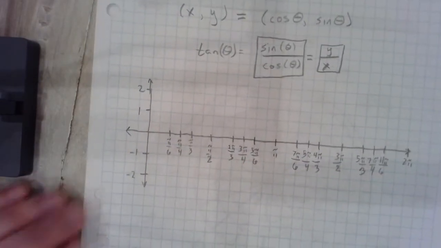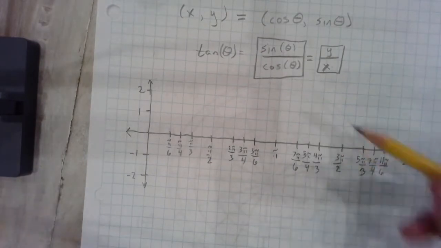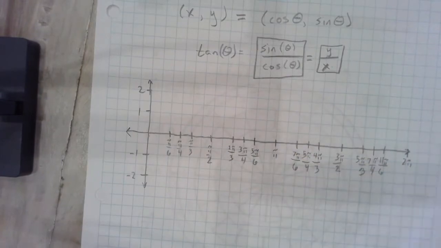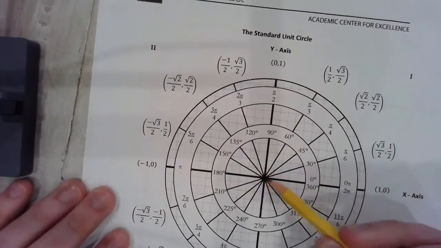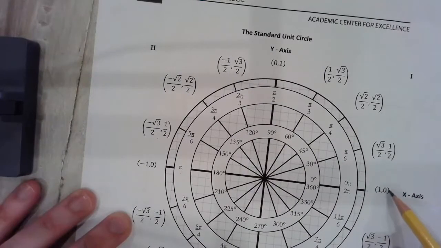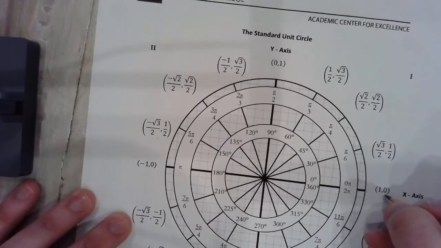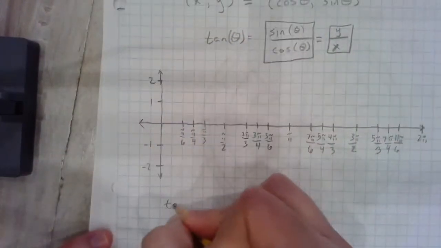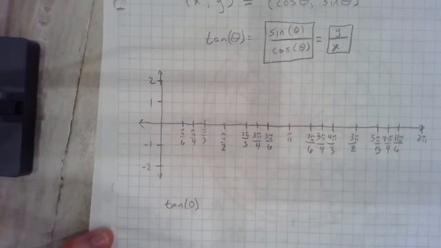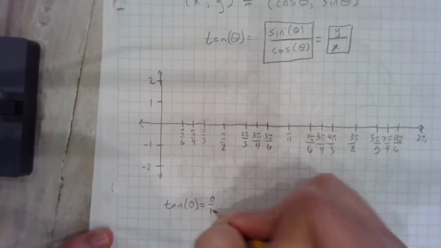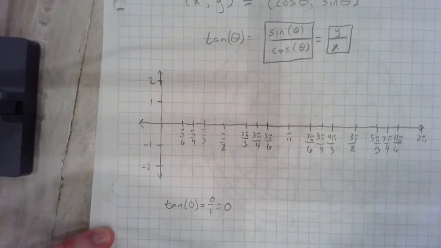Now let's look to see exactly what each of these points is going to be. And this, like I said, we're going to do together. Let's start with 0 and pi and 2 pi. At 0 on the unit circle, our y value is 0 and our x value is 1. So the tangent of 0 is, again, y over x, so 0 over 1, which is just 0, and that's it.